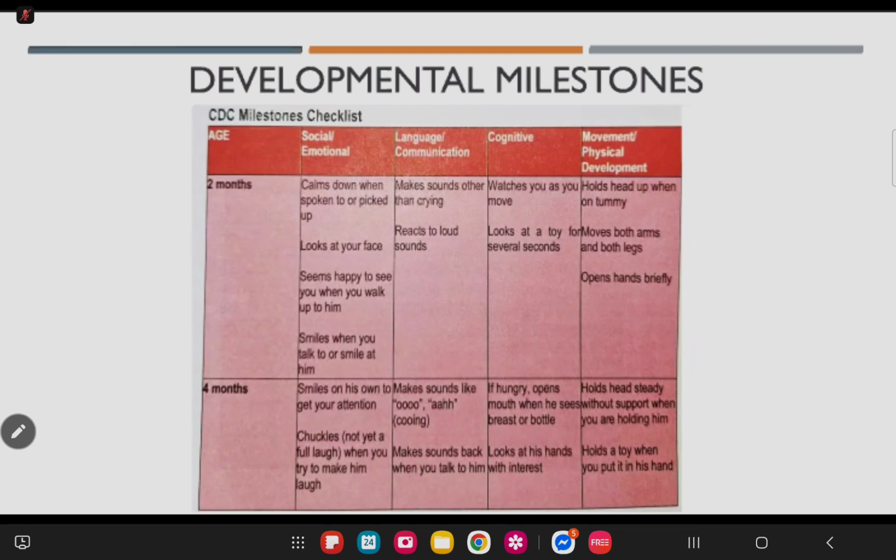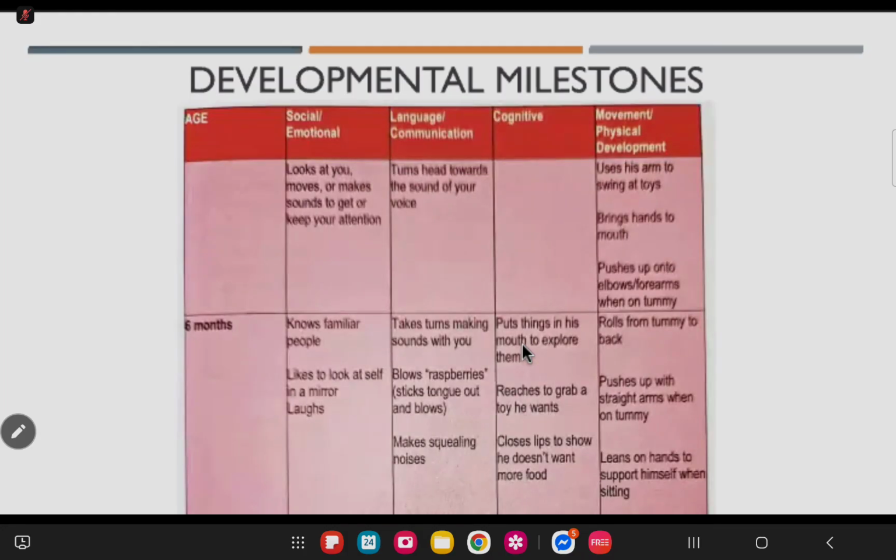Okay. What else? So they also turn their head towards the sound of your voice. So if you call them by their name, commonly they turn their head. Okay, and they also bring the hands to the mouth. It's common at 4 months old.